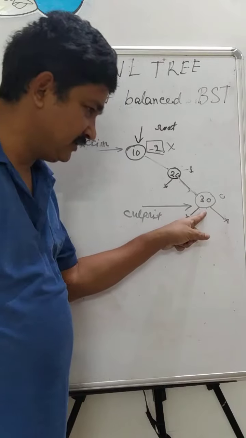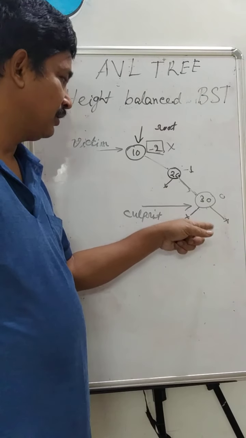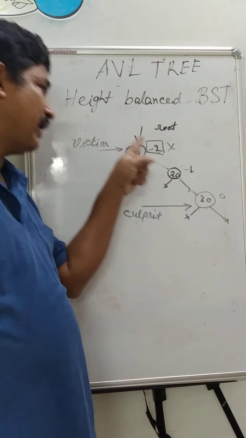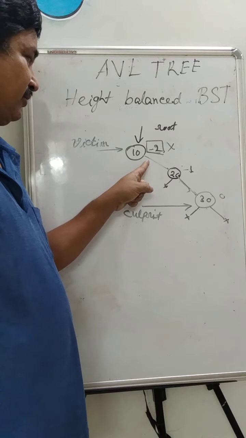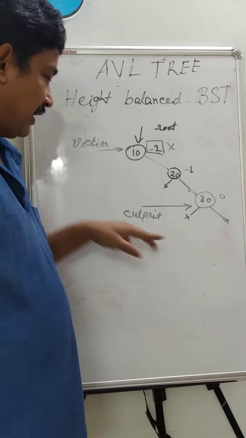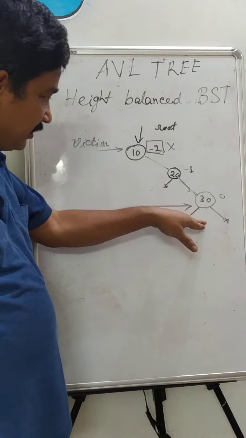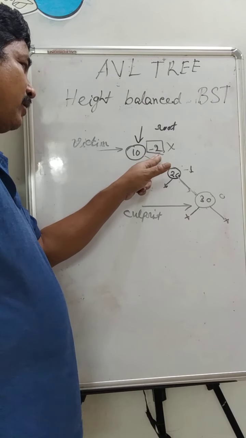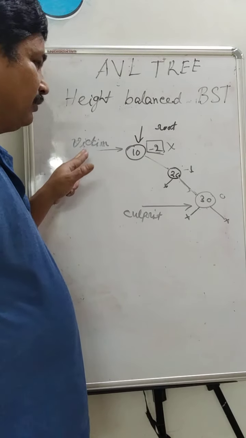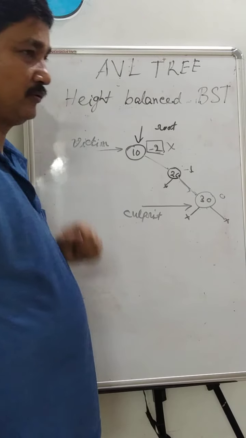So 30 was inserted right now, and because of that, some other node has become imbalanced. I have used the terminology that this is the culprit for the imbalance, and that was suffered by this node.